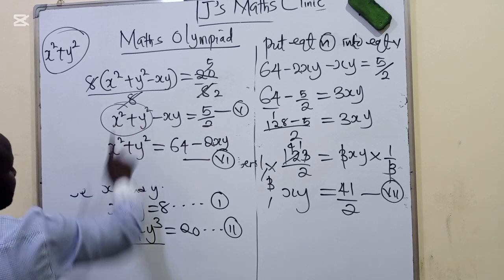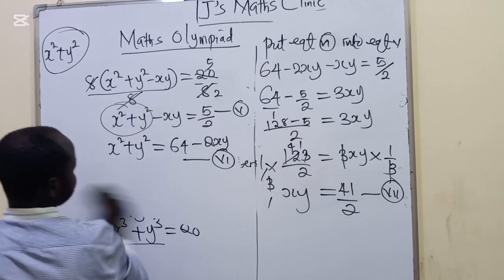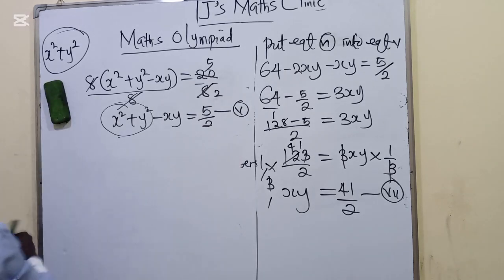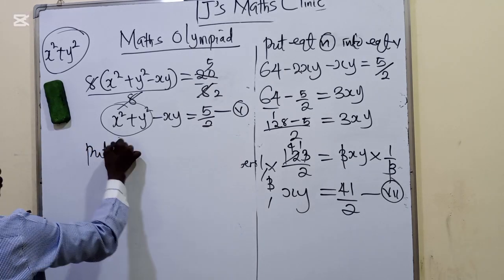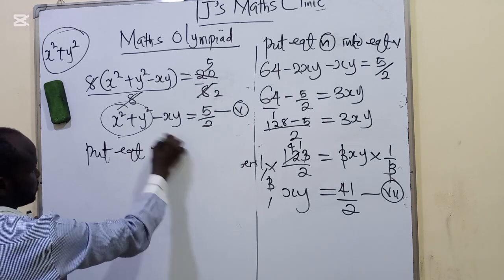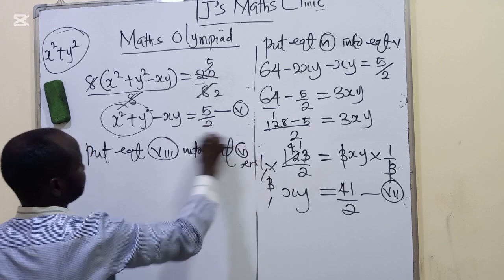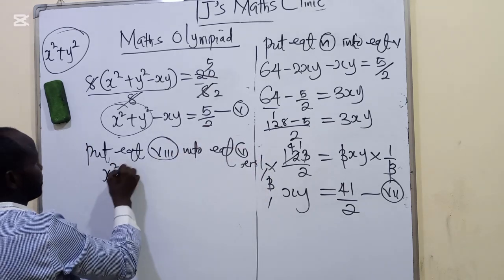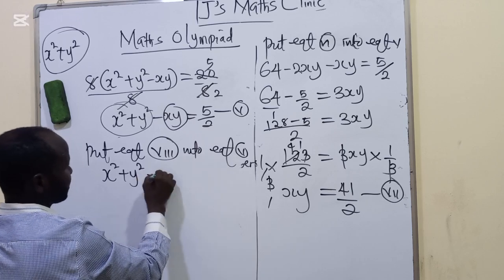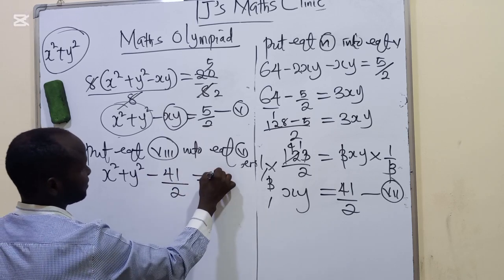So let's substitute. We can say put equation 7 into equation 5. We have x squared plus y squared, in place of this now, minus 41 by 2, will now be 5 by 2.